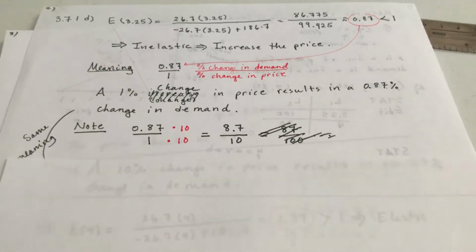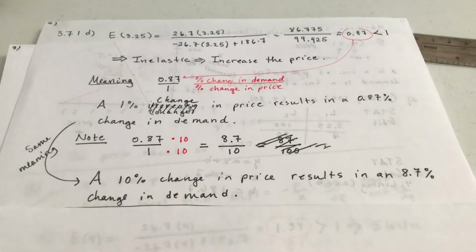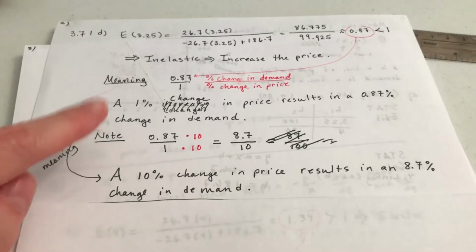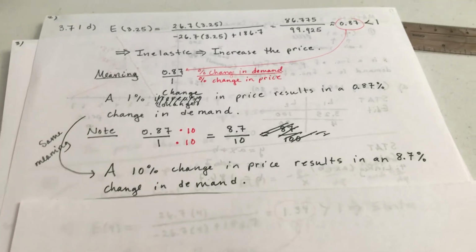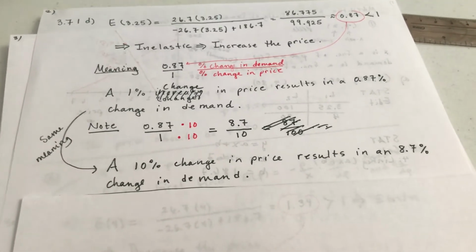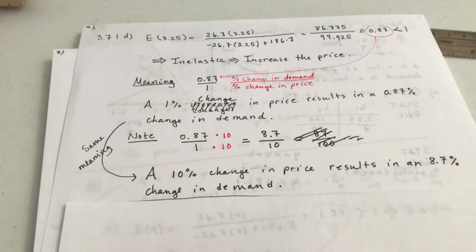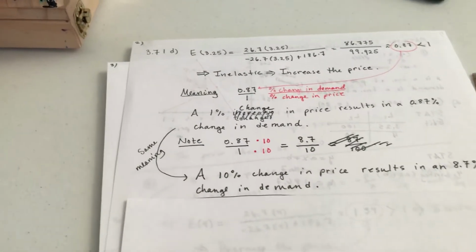You get 8.7 to 10, and you would write a 10% change in price results in an 8.7% change in demand. So these have the same meaning. It's just that this one is multiplied by 10. Math Excel does this quite a bit. They'll talk about a 10% instead of a 1% change. Just a warning with Math Excel and what it might do.